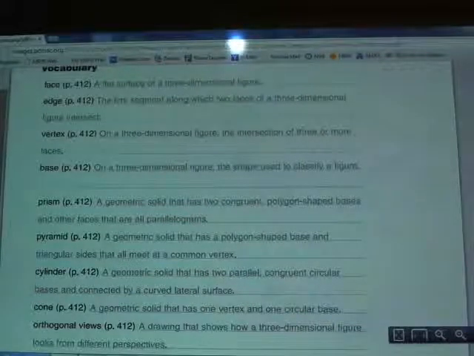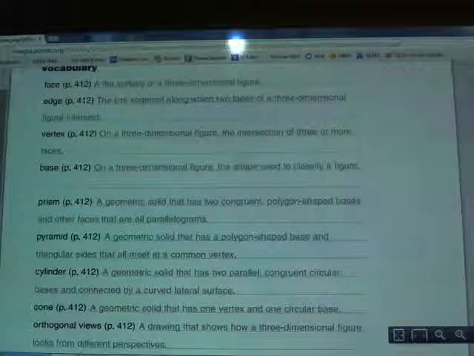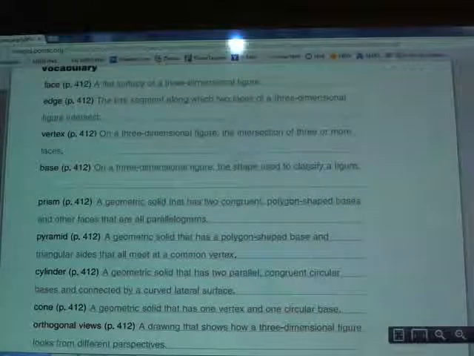Now they give definitions to the shapes we study here in Chapter 8. Prism, that's a geometric solid that has two congruent polygon-shaped bases and other faces that are all parallelograms.